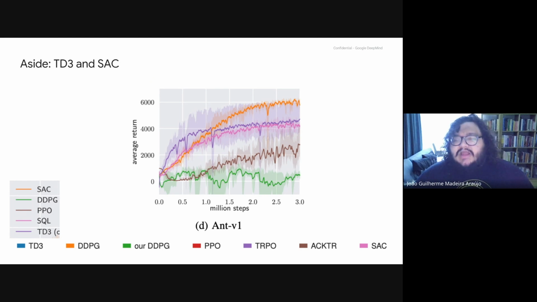They were released kind of simultaneously, but they ended up comparing with each other despite that. So here is one of the comparisons. They each have close to 10 comparisons, close to 10 environments. Here's one from the SAC paper. Here's the graph legend. You can see that at the end of the day, SAC is kind of ahead of TD3, but they are very similar in performance, just a little bit ahead.